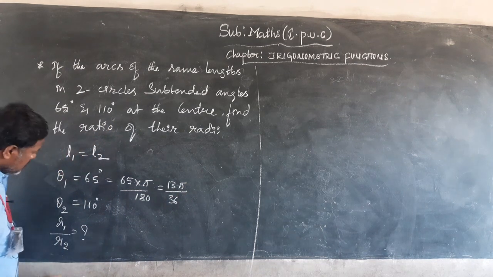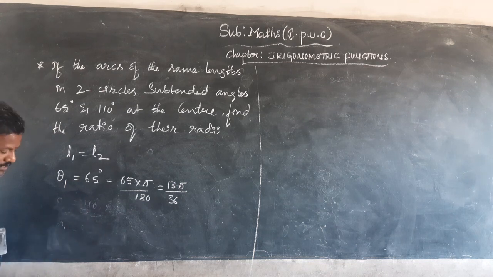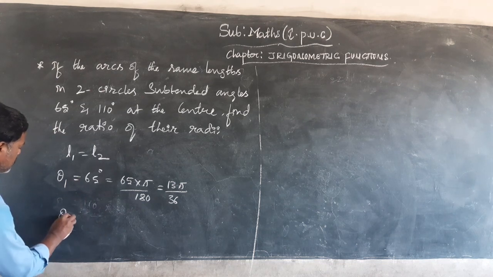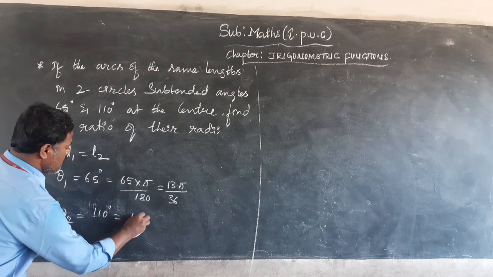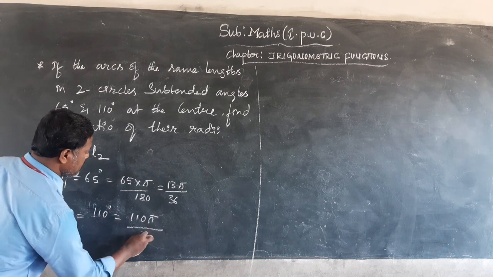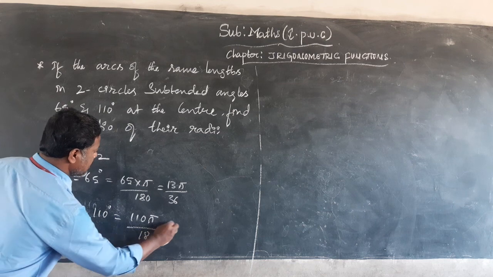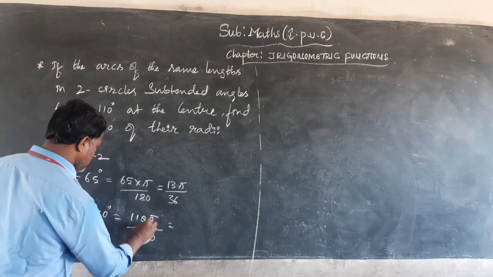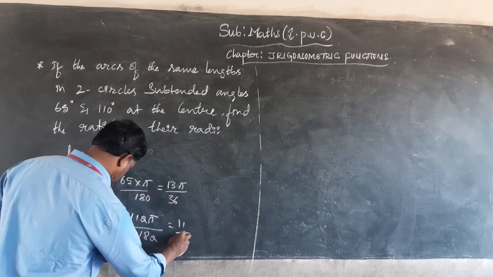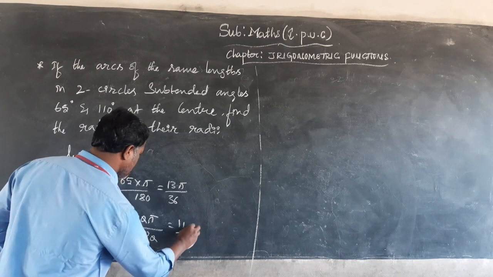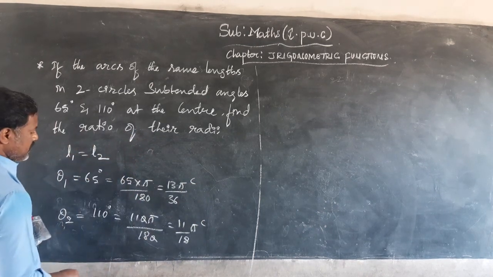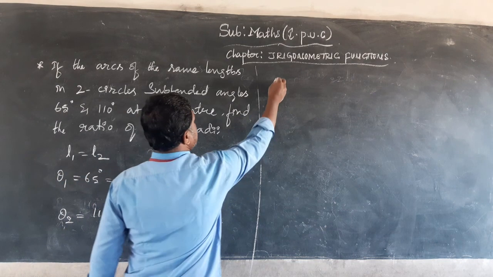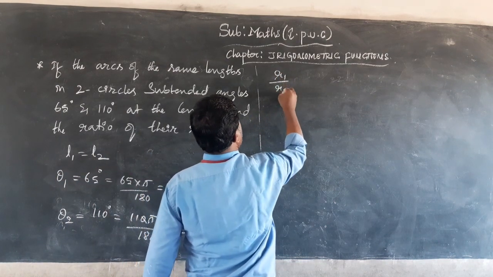Similarly, here I would like to convert theta 2 also. Theta 2 equals 110 degree, which equals 110 degree into pi divided by 180, where the 0 gets cancelled, giving 11 by 18 pi radian. So here we should find R1 by R2.